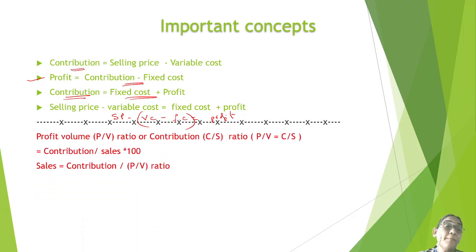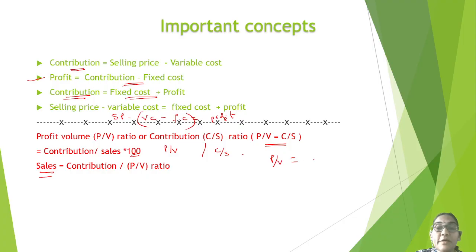Going ahead, profit volume ratio or contribution sales ratio. So PV is the same as CS. Contribution upon sales into 100. This is also known as PV ratio, or it is also known as the CS ratio. Therefore, if you rearrange this, sales will always be equal to contribution upon PV ratio.